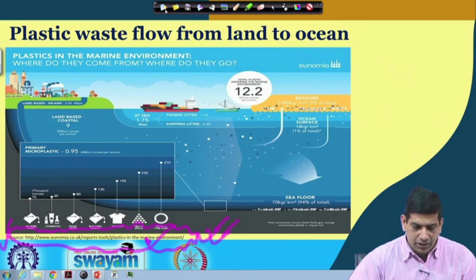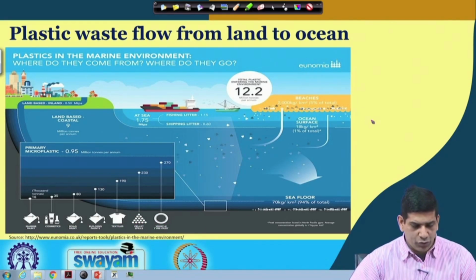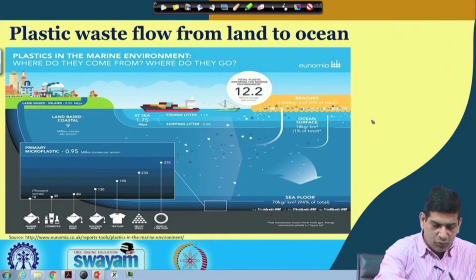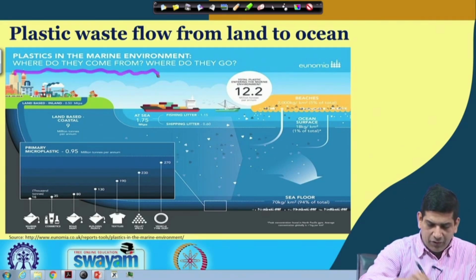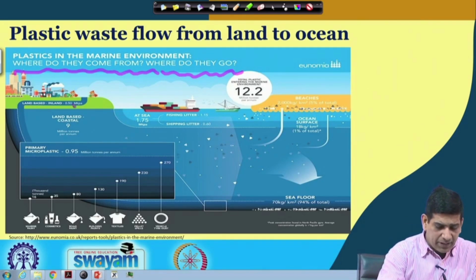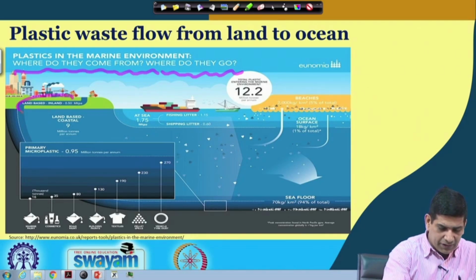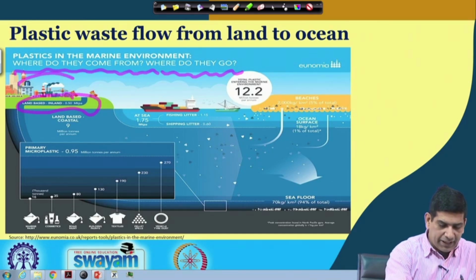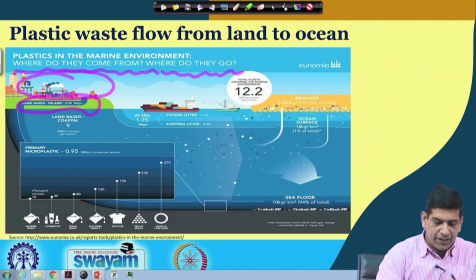Coming to the topic here, plastic waste flow from the land to the ocean. The focus here is where the plastic comes from and where it goes. Here we have some land-based inland sources, which come from day-to-day activities, wastewater treatment plants and all that.